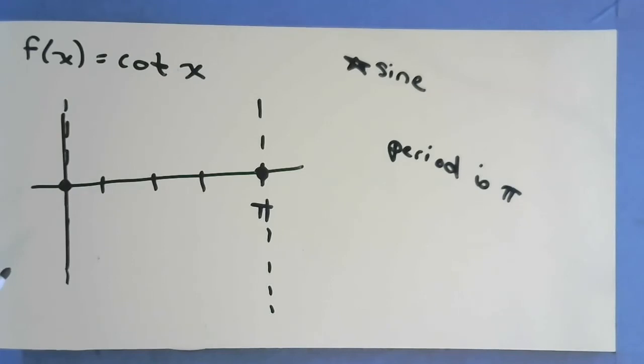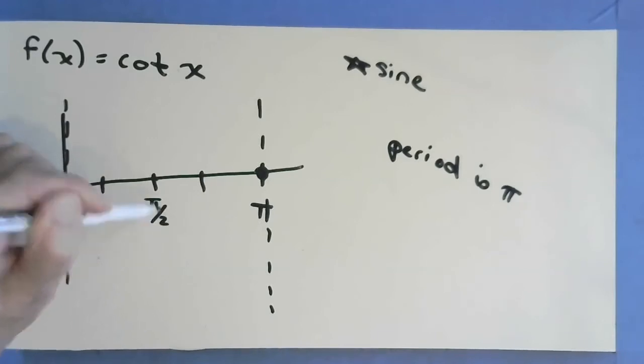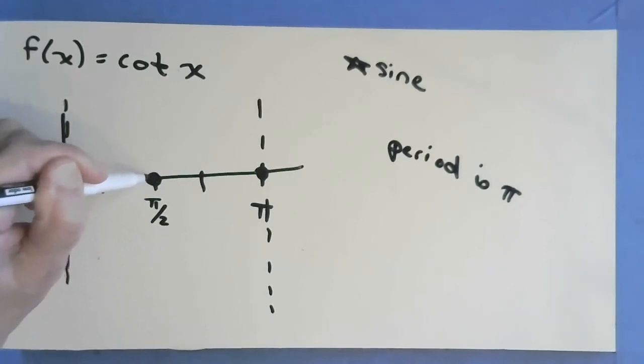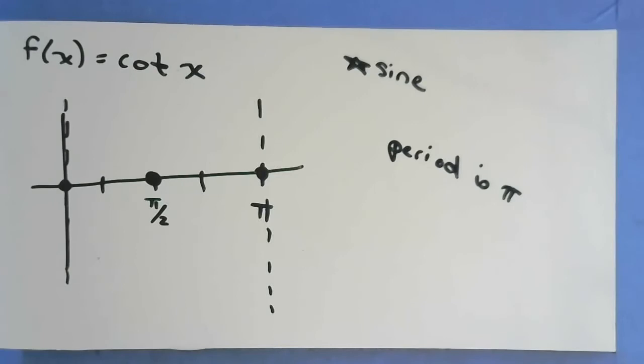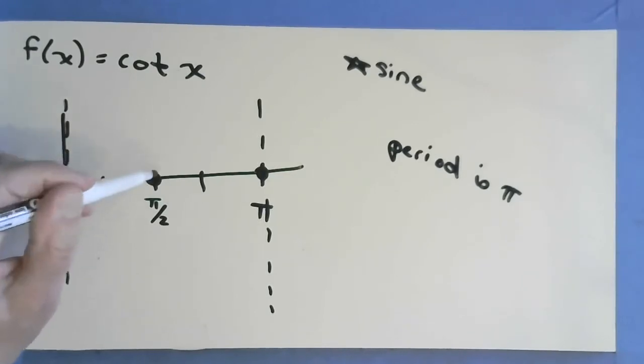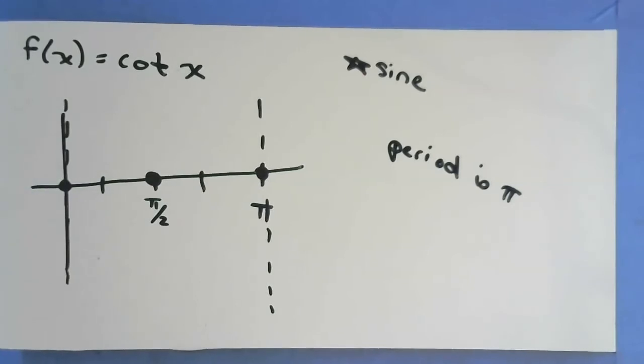And we recognize that cosine is in the numerator for cotangent, and it is 0 at pi over 2, which means that cotangent is 0 at pi over 2. So this is 3 of our 5 key points.